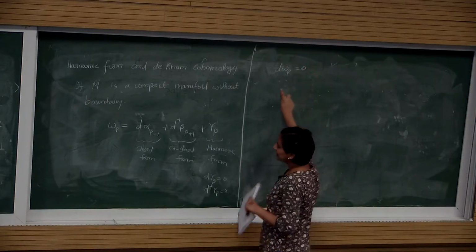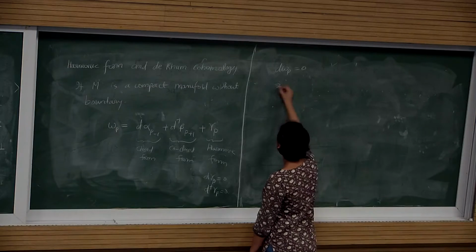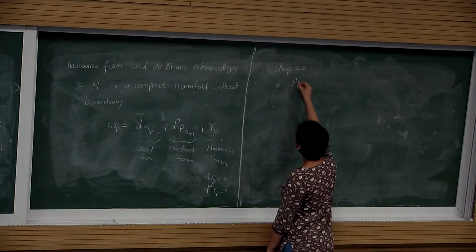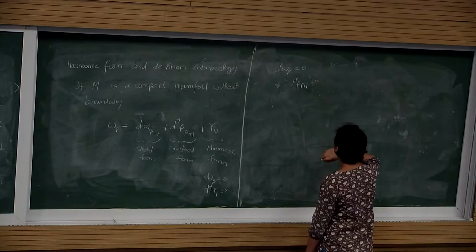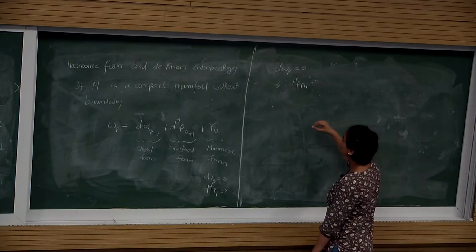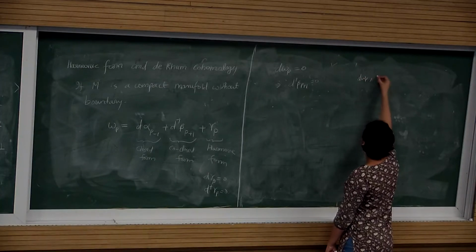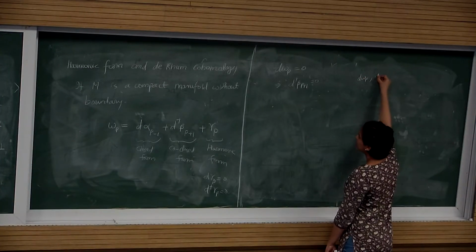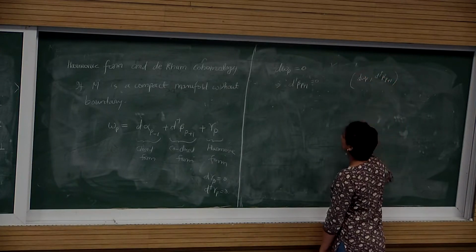So if we take d of omega p to be 0, one can check that this implies that d dagger of beta p plus 1 is 0. Again you have to take the inner product of, let's say, d of omega p with this d dagger of beta p plus 1 and check the positivity condition for that.